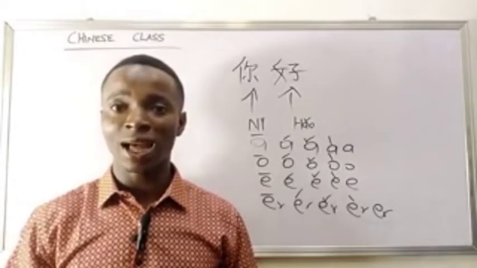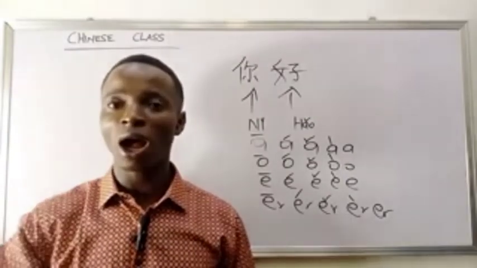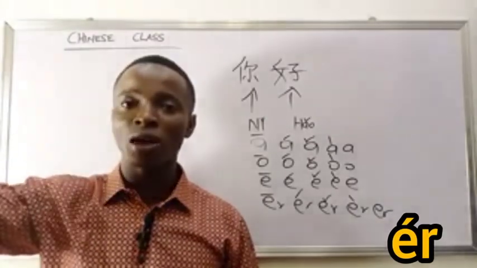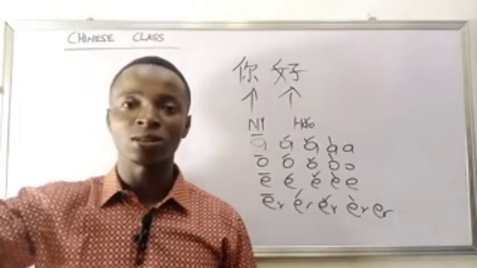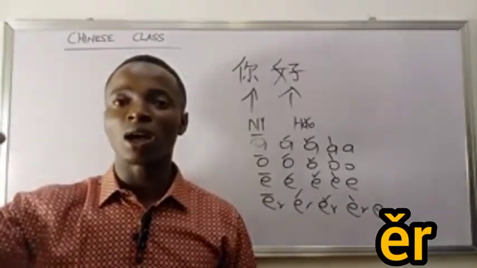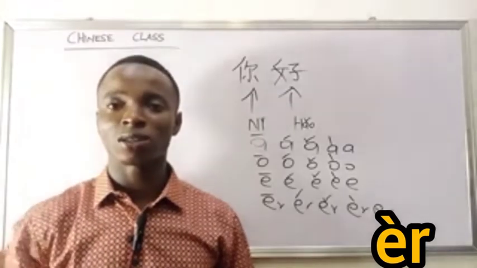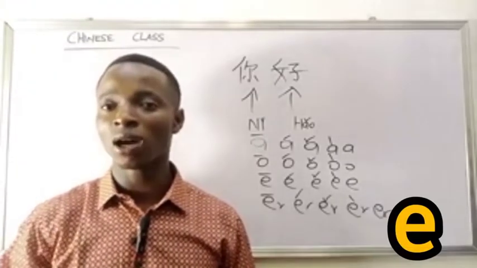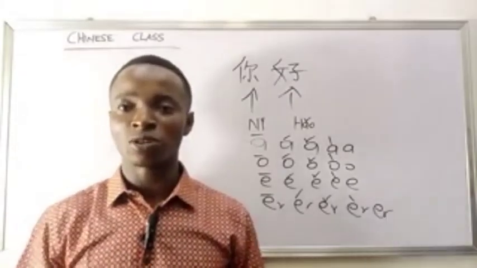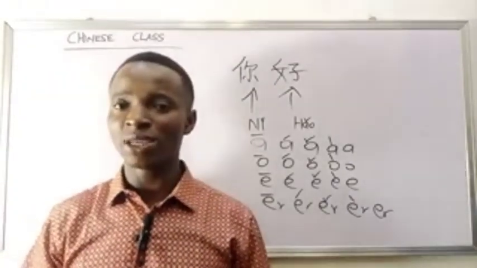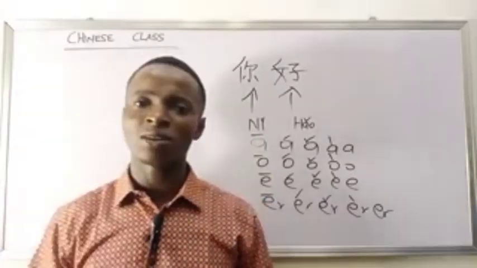Then the last one is r. Remember to repeat after me. Beautiful. So now, the reason why we don't put the i, u, and ü is because at times finals can stand alone and still make sense.